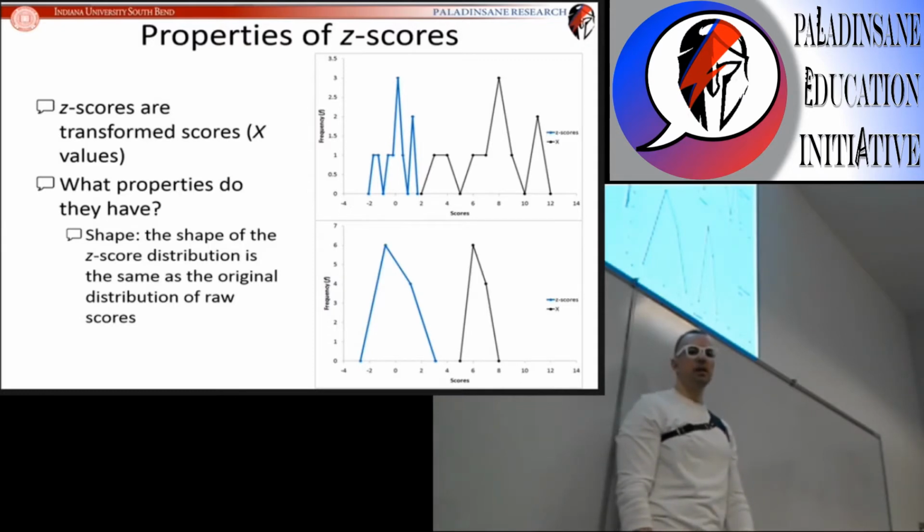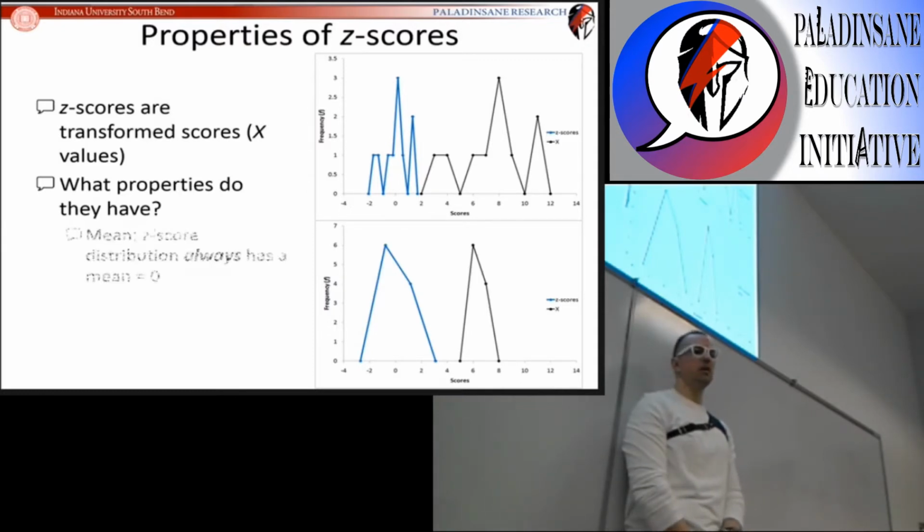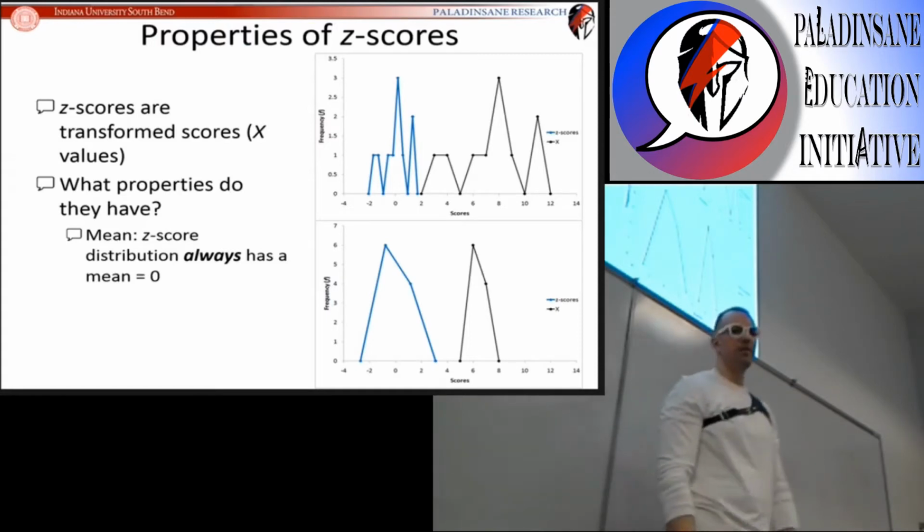Other properties, mean. Z-score distributions always have a mean of 0. Always, always, always. When you take your entire set of transformed scores and you take their mean, you should get a mean of 0. That's just a property of z-scores.